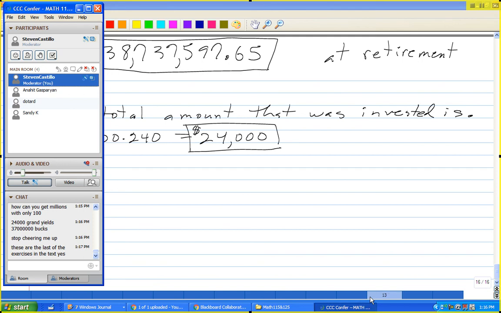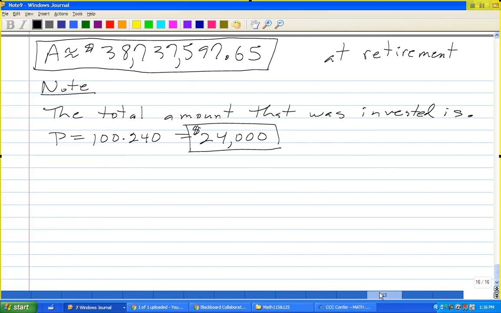I have yet to finish off. This is still section 15.6. There's still section 15.7. So let me give you the present value of an ordinary annuity.